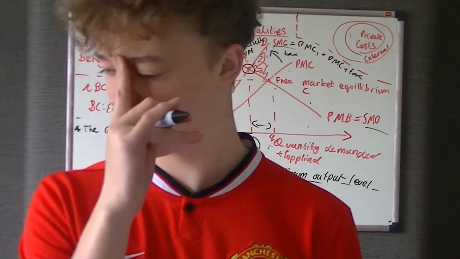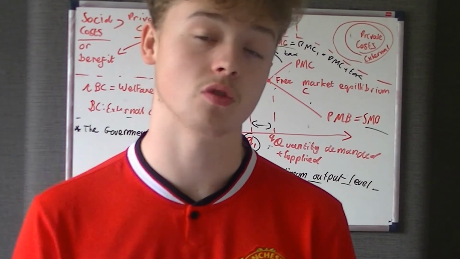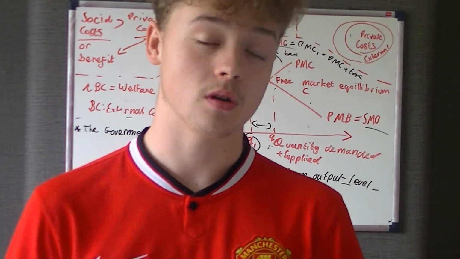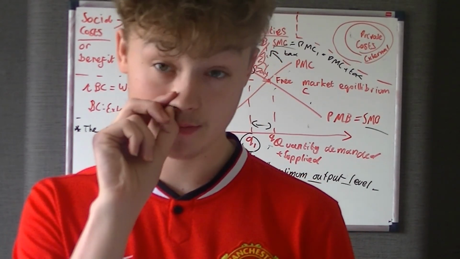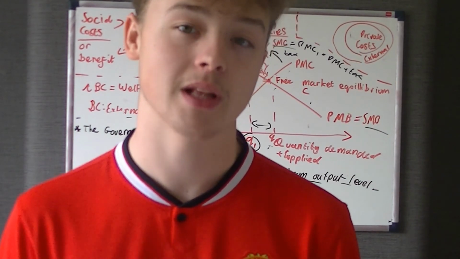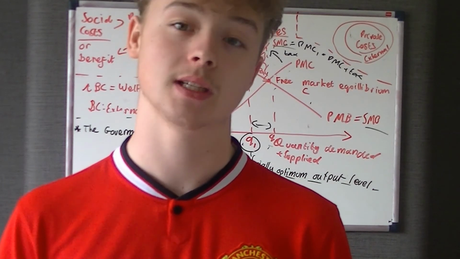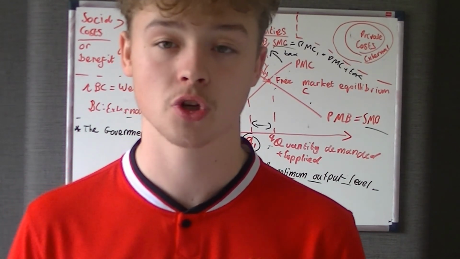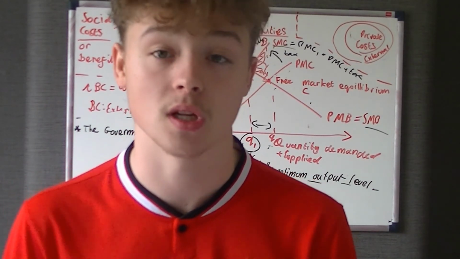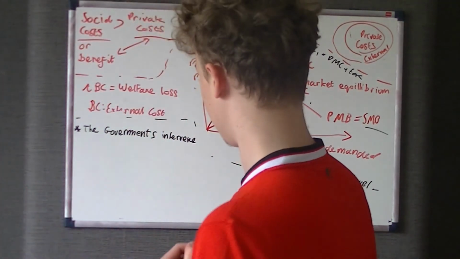Taxes are a charge or a duty on pollution. The type of taxes used are green or environmental taxes. These are indirect taxes on expenditure. The purpose of these taxes is to make the polluter pay for their harmful actions. This is done by internalising the negative externality.